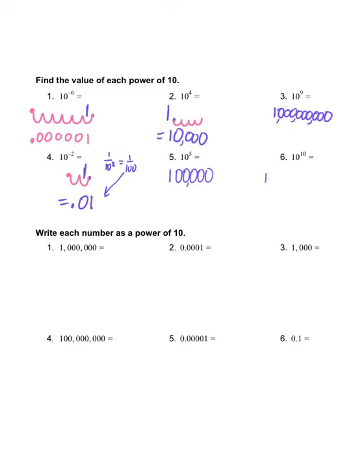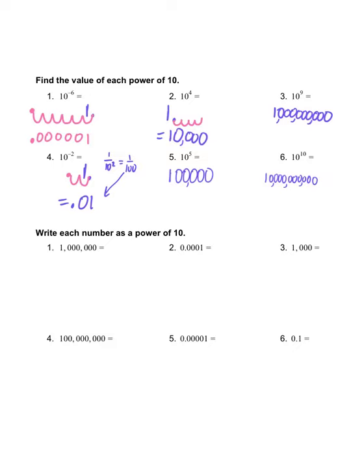It's going to be a 1 followed by 10 zeros. All right, the reason we can start all these off with a 1 is because we are in base 10. So everything is 10 times 10 times 10 a certain amount of times. So everything will end in a 0 and start with a 1.